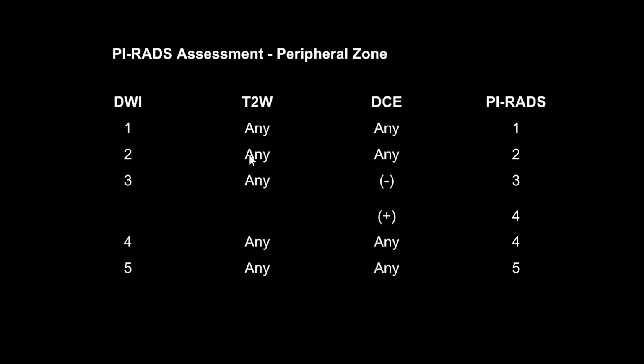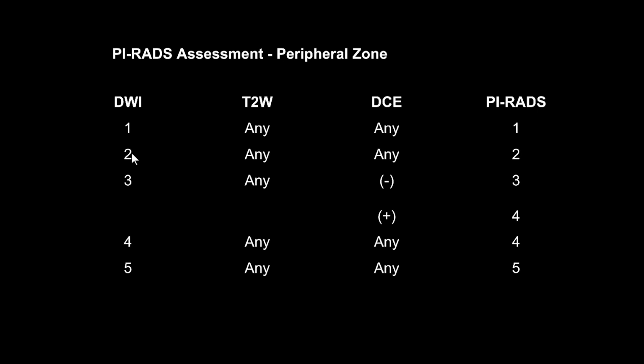The T2 weighted image may show some linear areas or wedge-like areas or non-mass-like areas of signal hypointensity, but any signal intensity here and any mass-like signal intensity is trumped by a negative DWI, as described here, a DWI score of 2, and even the dynamic contrast enhanced image doesn't add a tremendous amount.